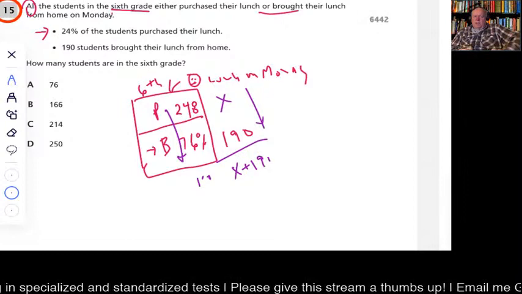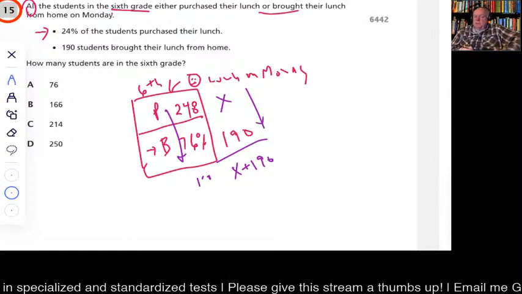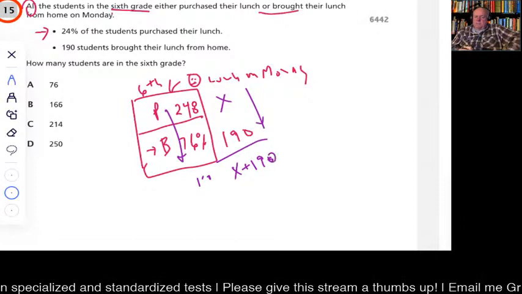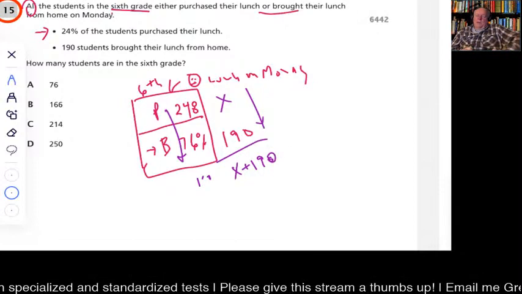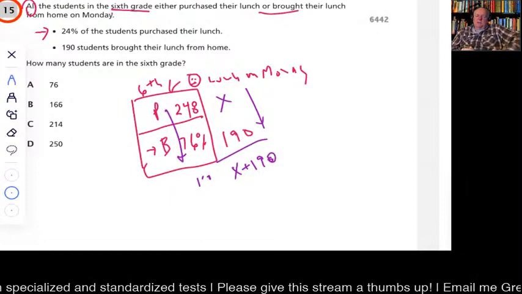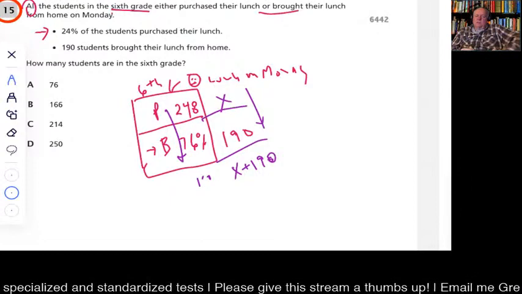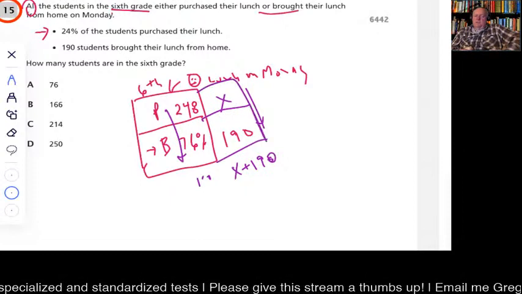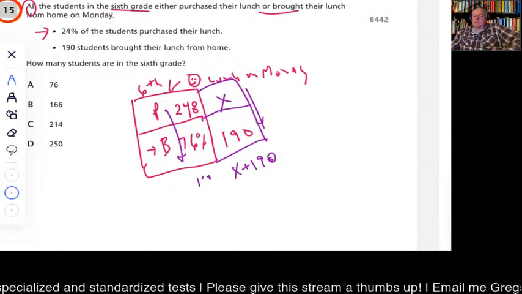Okay? Unlike the example we just did, they're looking for an exact number. They're not looking for an expression for this example. So how the heck do we figure out what X is? How can we possibly figure that out? Enough of you are going to say there's not enough data here. They're not giving us enough information.